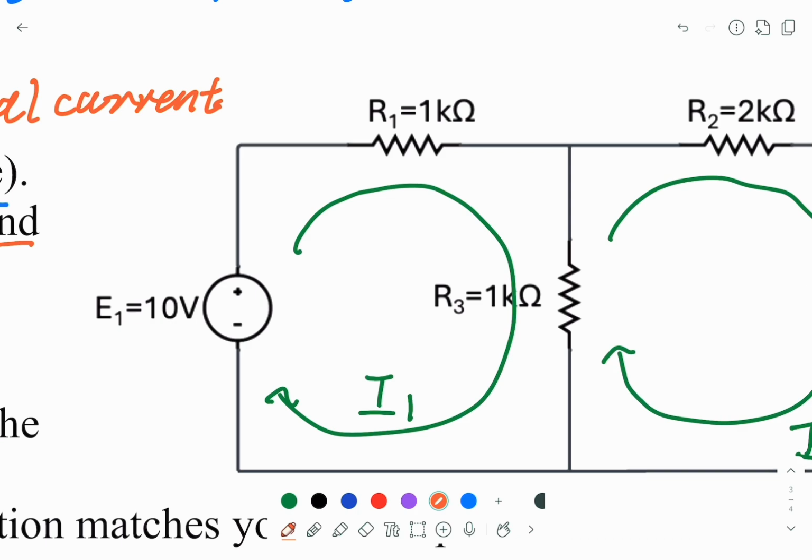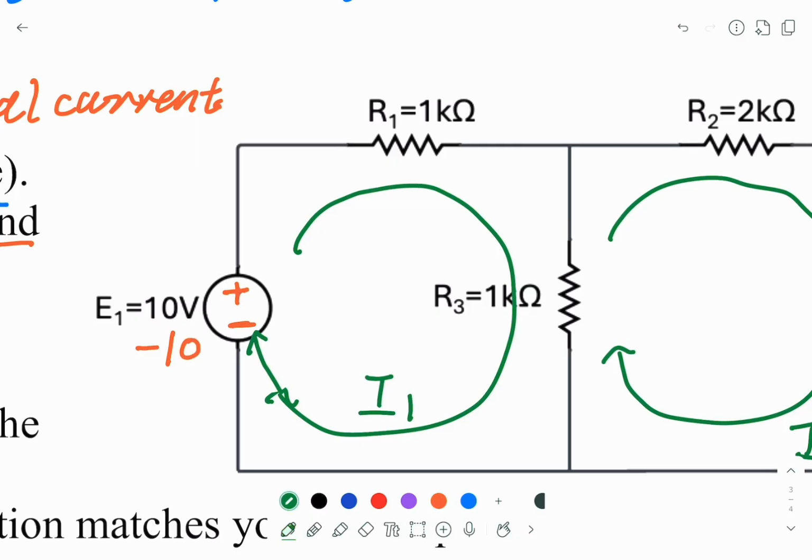First, let's look at the current I1. You can see the mesh current I1 enters the source from the negative side, so we'll say this voltage is minus 10.